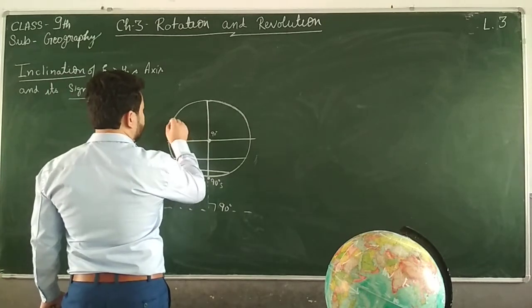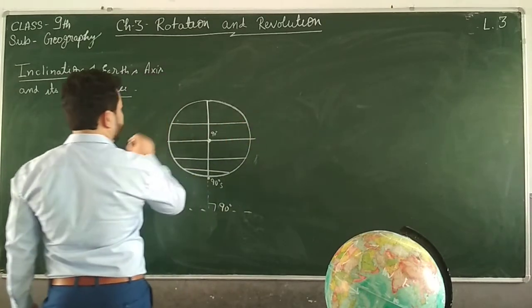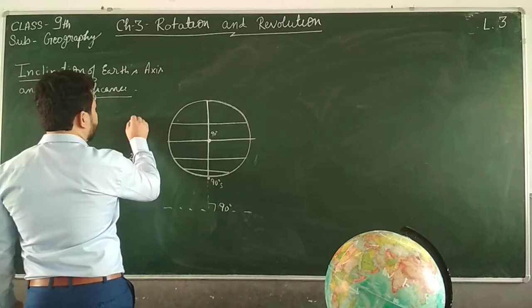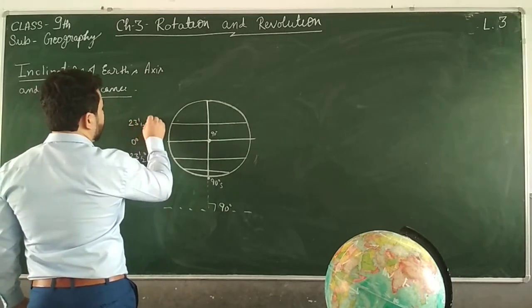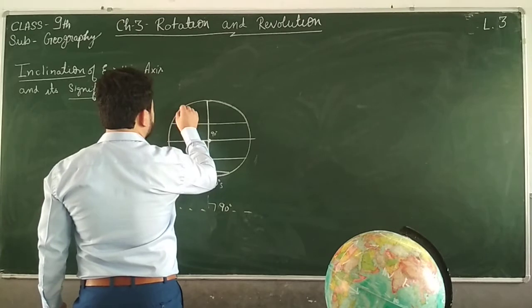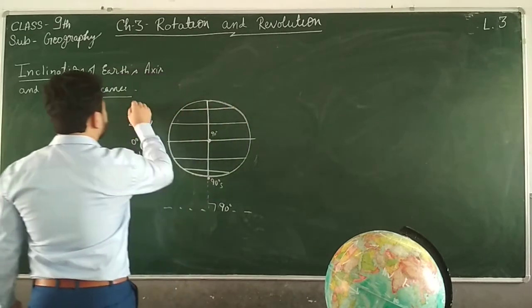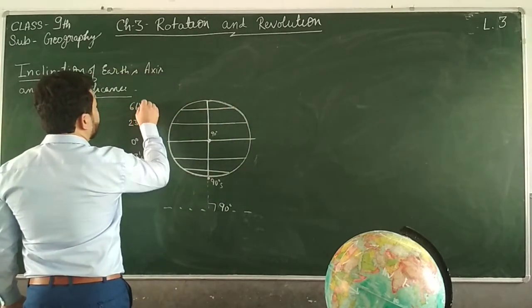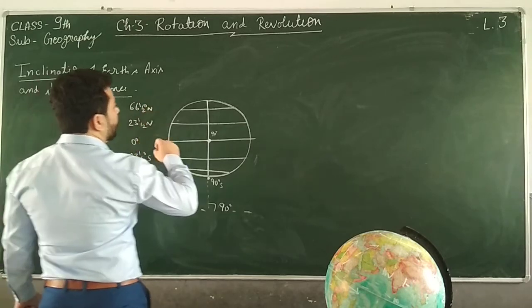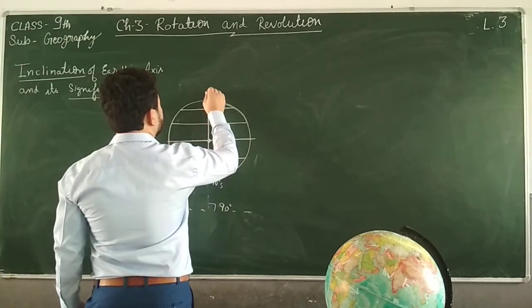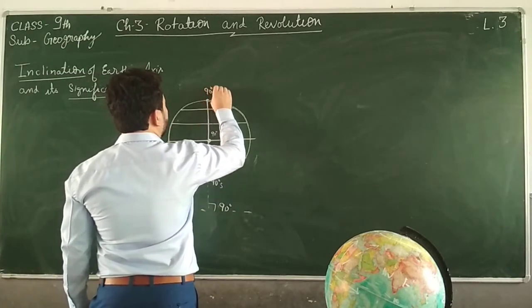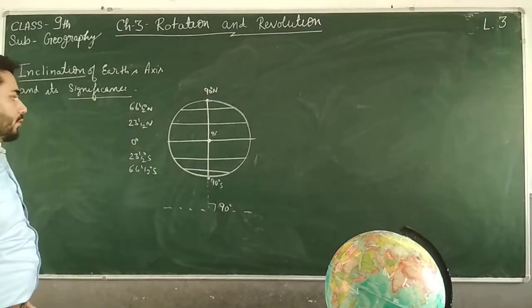And this is 23 and a half degrees north, the Tropic of Cancer, then this is 66 and a half degrees north, the Arctic Circle, and this is the 90-degree North Pole, right?